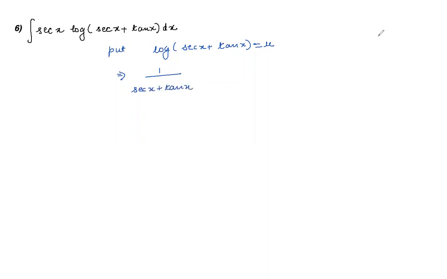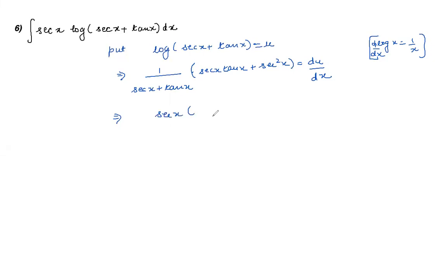Why have I used this formula? The differentiation of log x is 1 upon x. Now the differentiation of sec x is sec x tan x, and the differentiation of tan x is sec square x. And this would be du by dx. I'll take sec x common here.